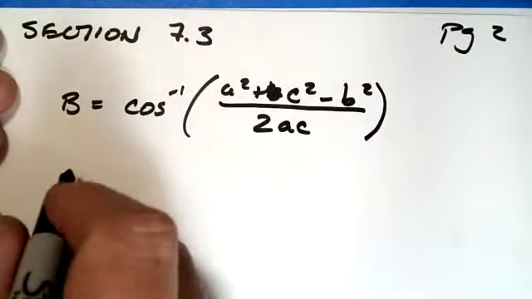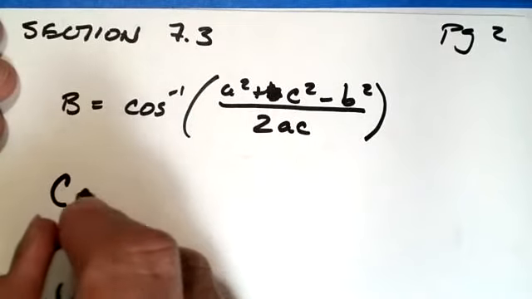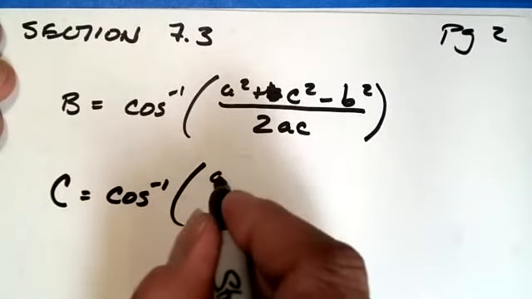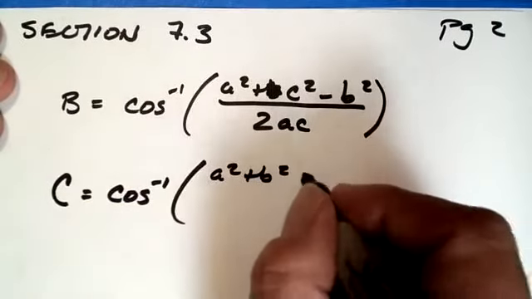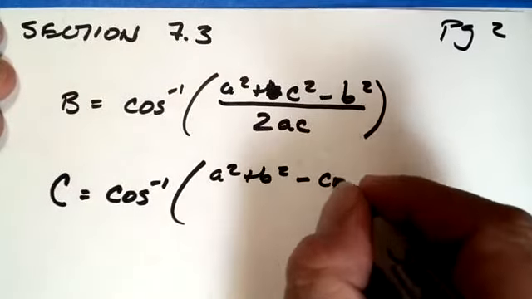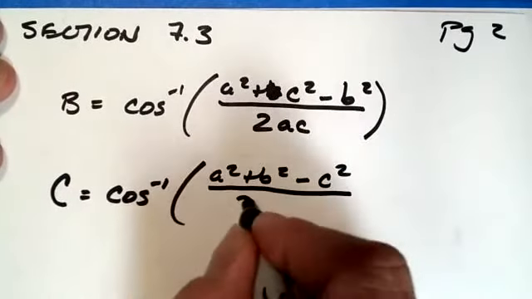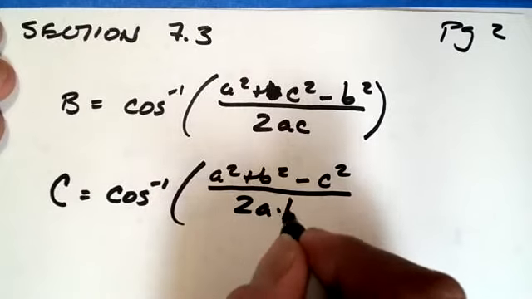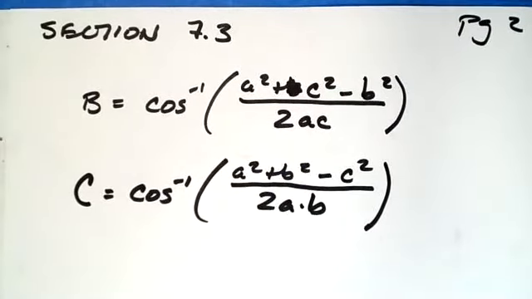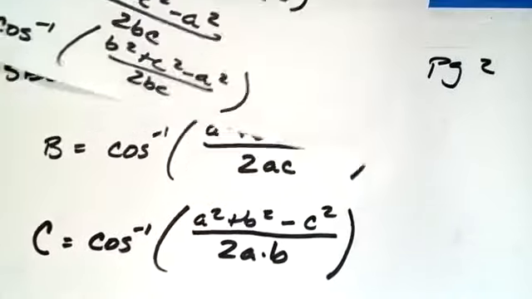And then finally, if you want to find angle C, this is the inverse cosine of the other two, so a squared plus b squared minus the associated side, c squared, divided by 2 times the product of the adjacent sides.